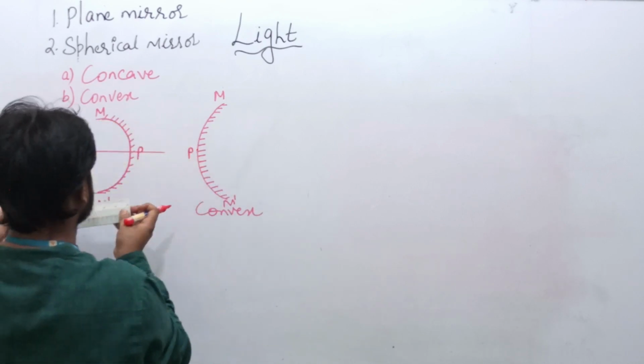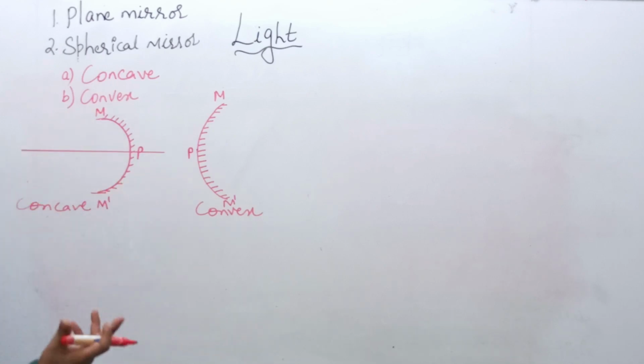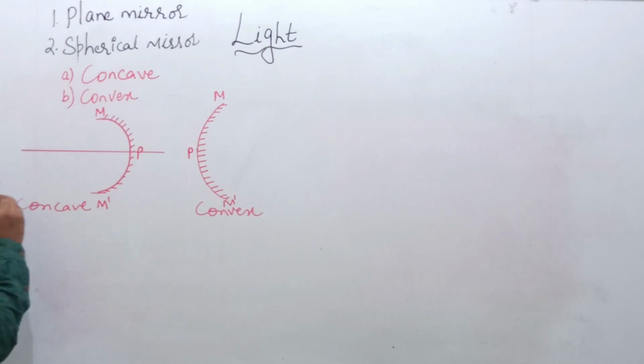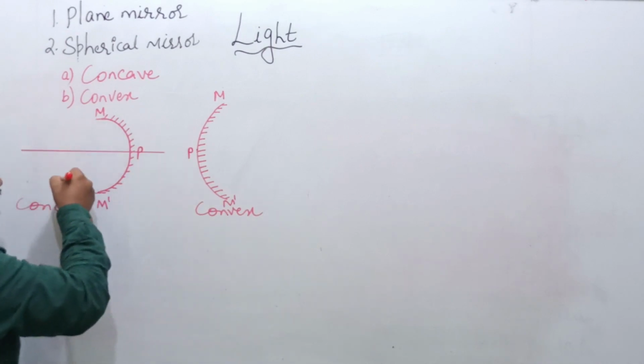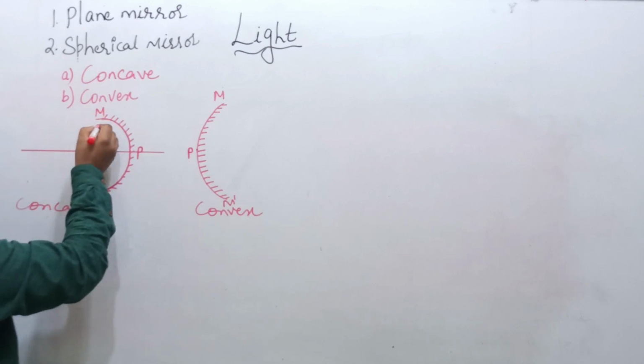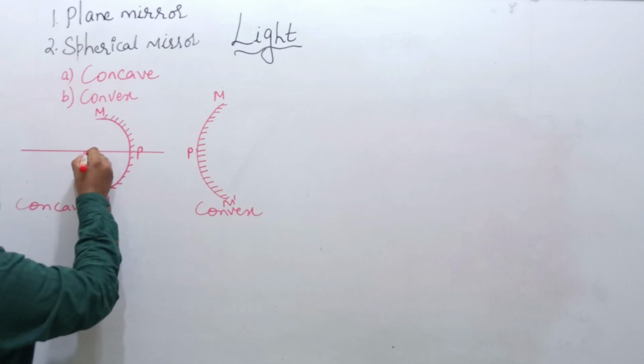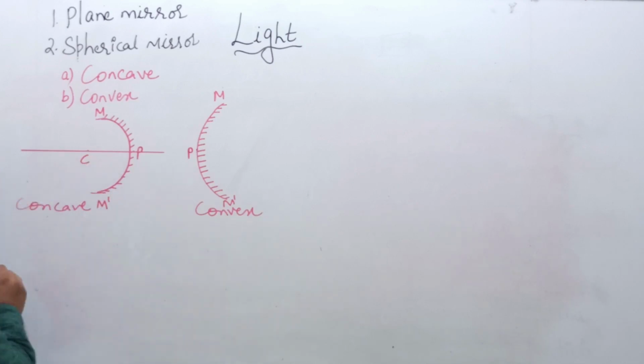What is the principal axis? As I said, concave and convex mirrors are spherical mirrors. That means it is a sphere, right? This hollow sphere has its center. The center of the hollow sphere we call the center of curvature, C.